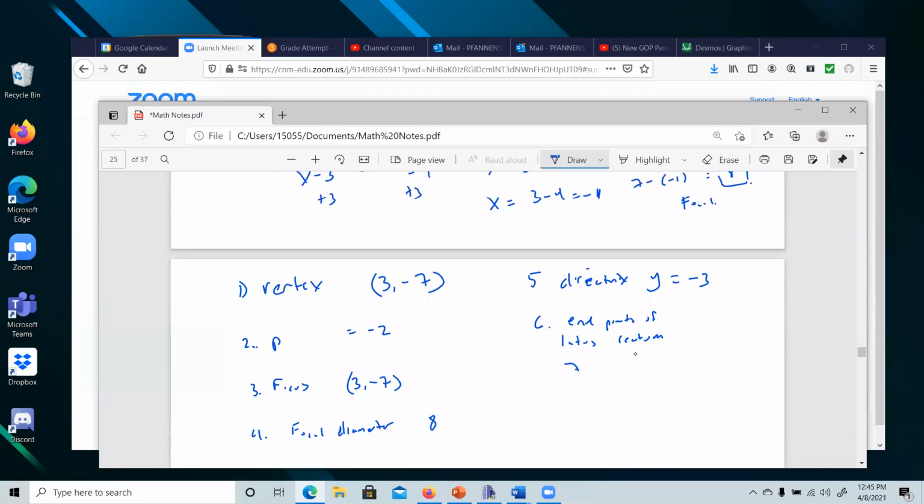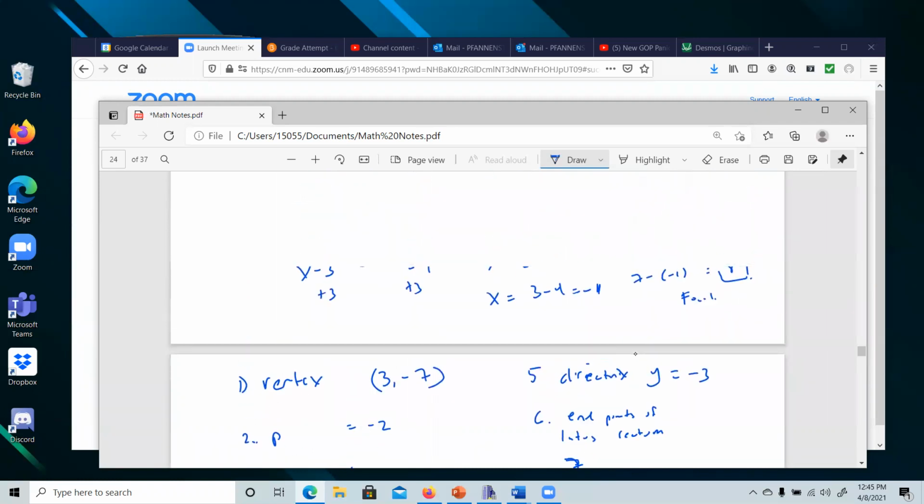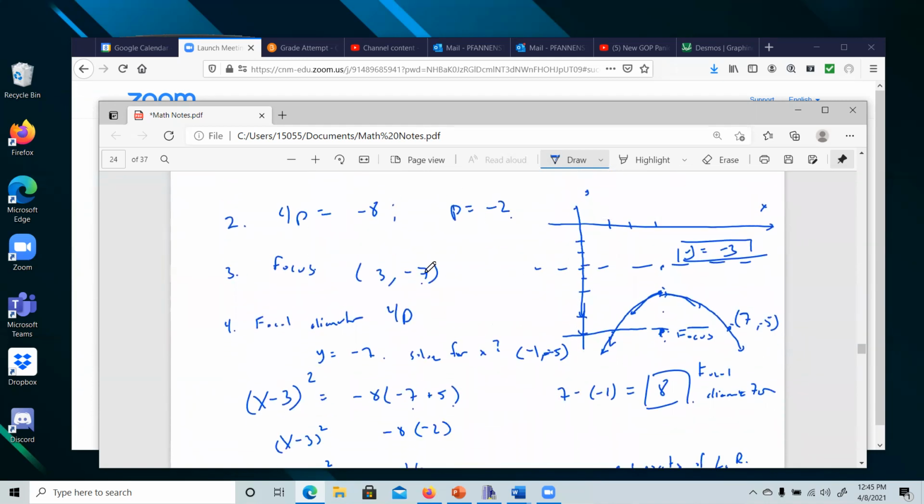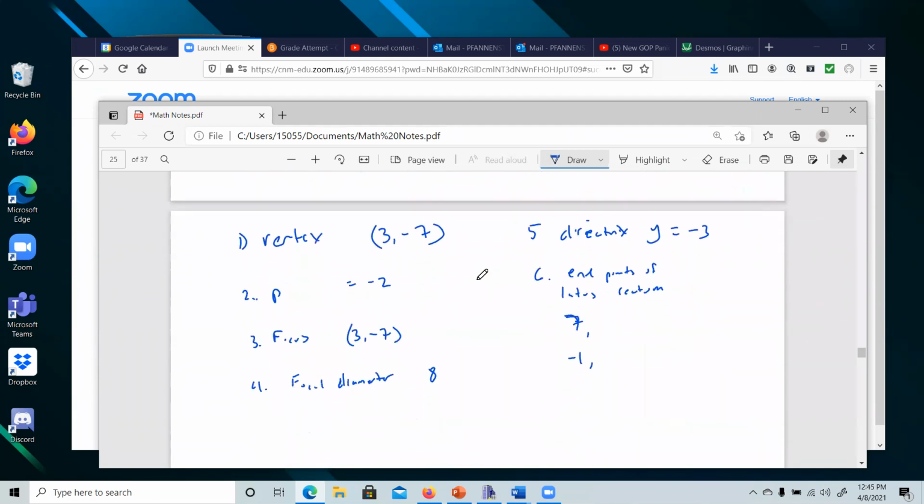So 7, -1, and it's on the same line as the focus. And we said that was going to be -7. All right. So there we go.